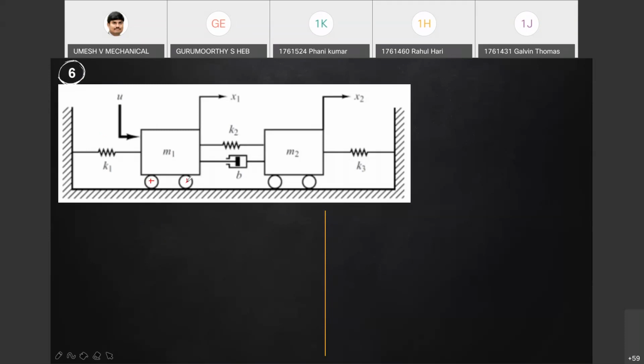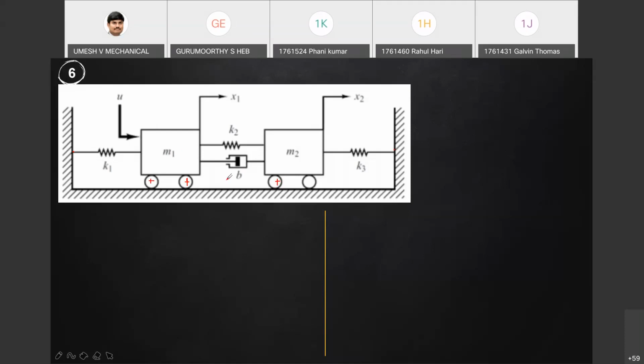some kind of wheel is there. Okay. I have taken this, otherwise both ends have a spring and dashpot, masses. Fine.